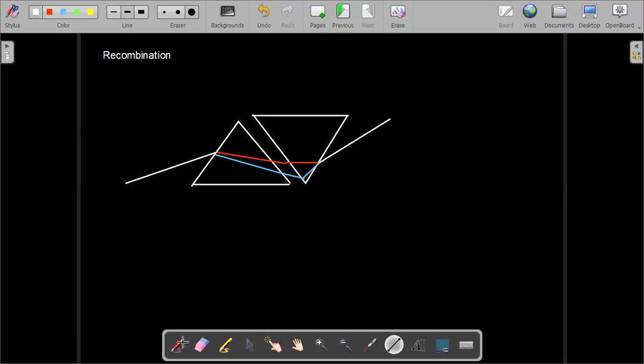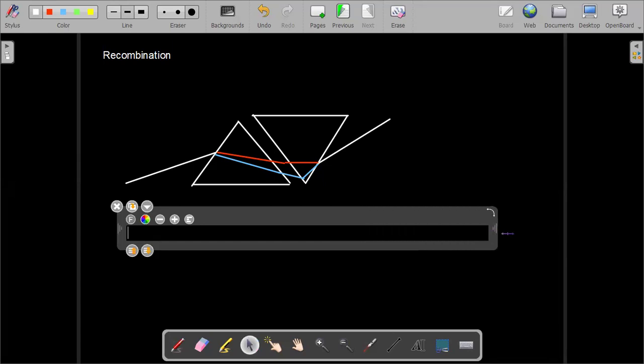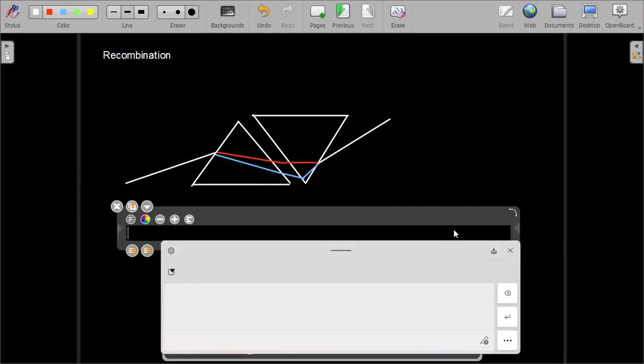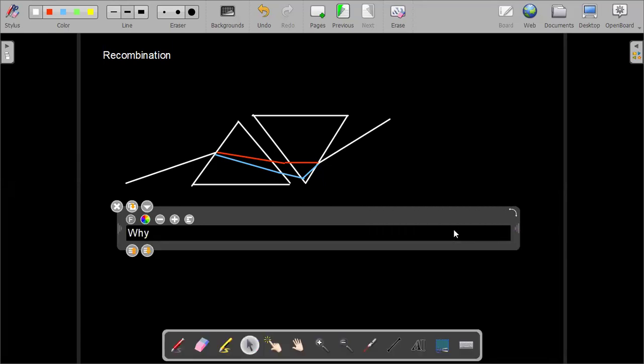So this situation is called recombination. Now can anyone tell why dispersion occurs through a glass prism and not through a glass slab? Can anyone answer?